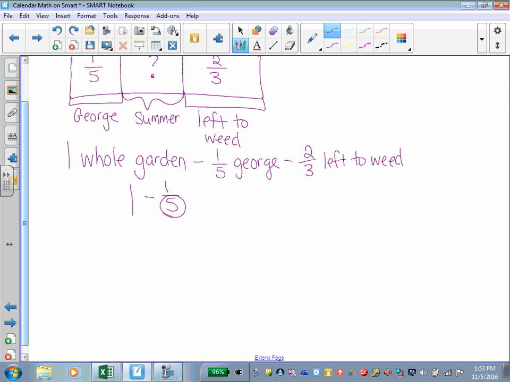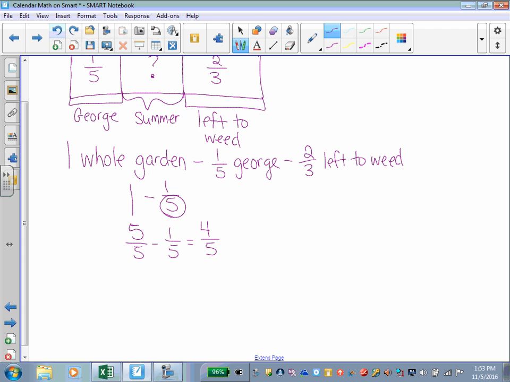So 1 whole can be written as 5/5 minus 4/5. Oops, I'm sorry, I just gave you the answer, didn't I? Let's see. 5/5 minus 1/5 is equal to 4/5. So after George weeded the garden, 4/5 of the garden was left.